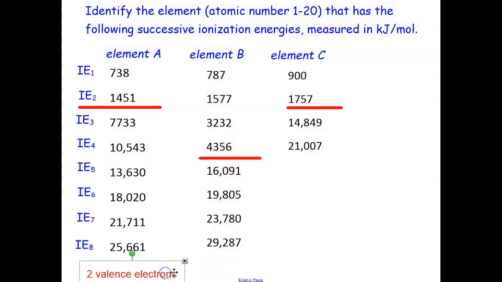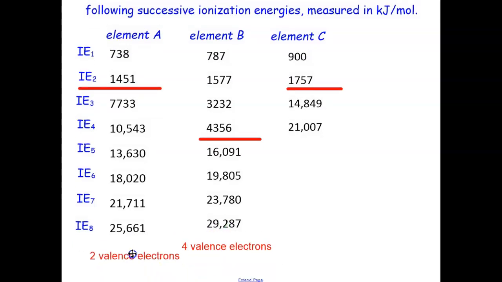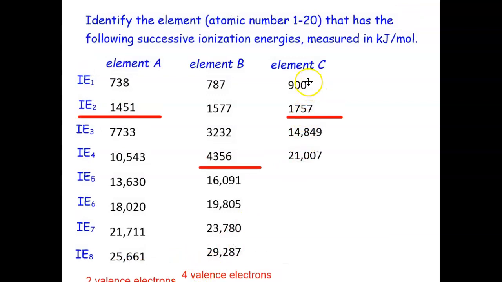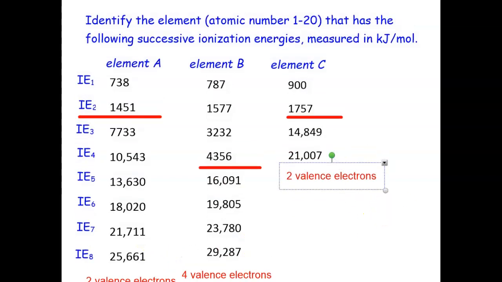So there must be 4 valence electrons. And for the last one, we see a big jump after 2, which means there had to have been 2 valence electrons. So seeing that big gap tells us where the end of one energy level and the beginning of the next energy level begin.